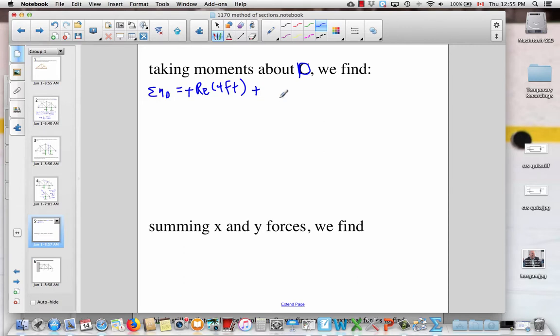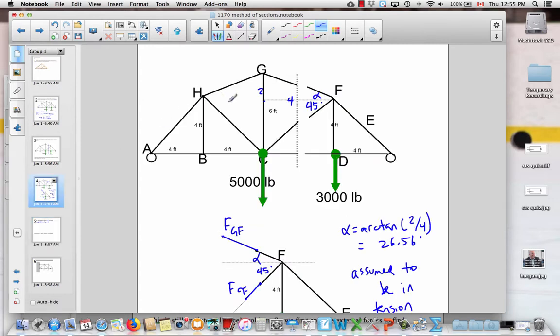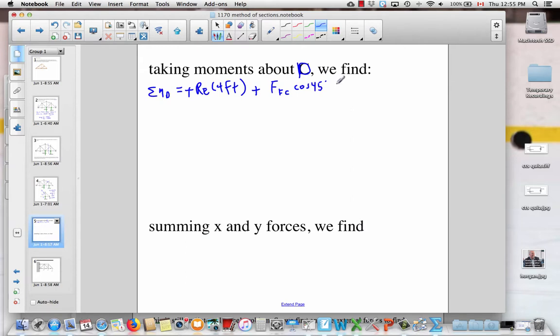Then we've got the 2 horizontal components. So cos 45, because the horizontal component of CF will be a cos 45. The horizontal component of GF will be a cos alpha, and we know what alpha is.